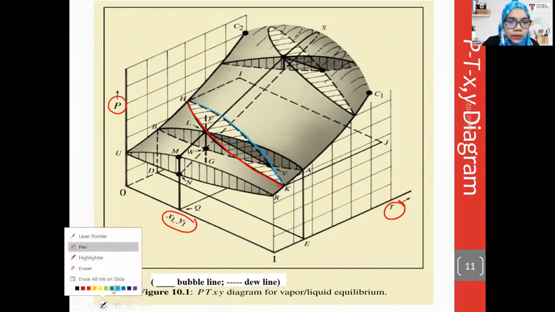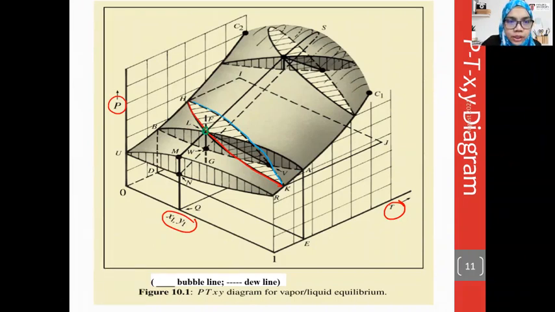Let's start with our initial state at F. If we reduce the pressure, this is our liquid phase, since this is our saturation or bubble line.